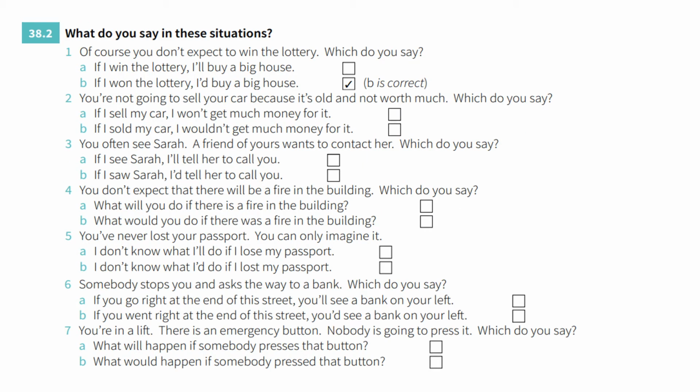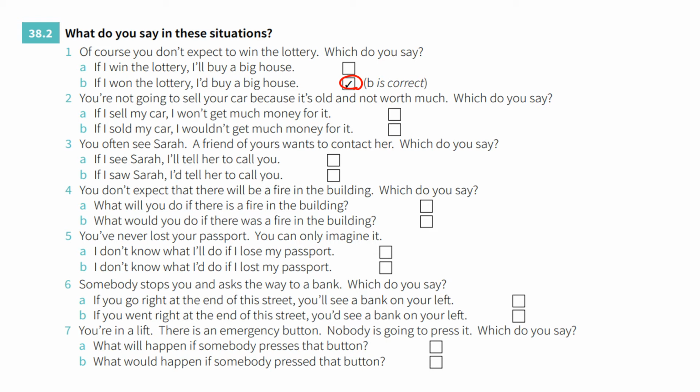Now, what do you say in these situations? Of course, you don't expect to win the lottery, so you say, if I won the lottery, I'd buy a big house. So B is correct. Number 2, you're not going to sell your car because it is old and not worth much.